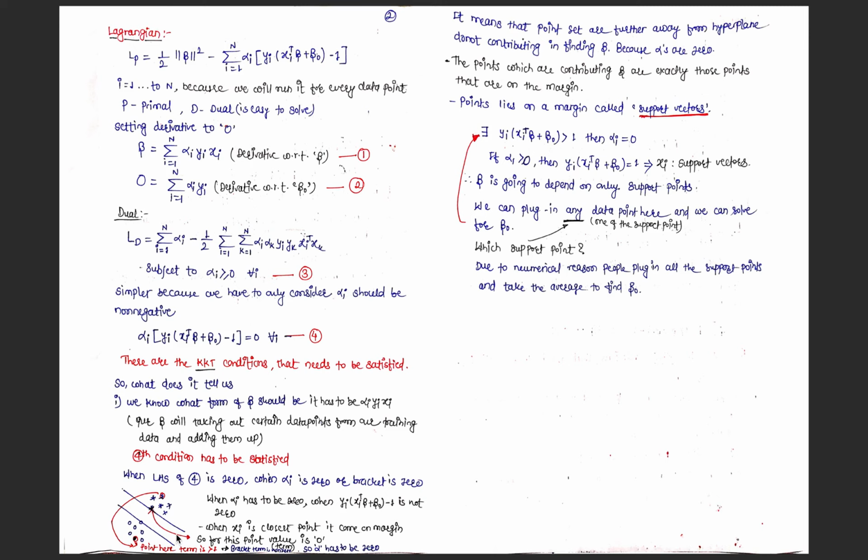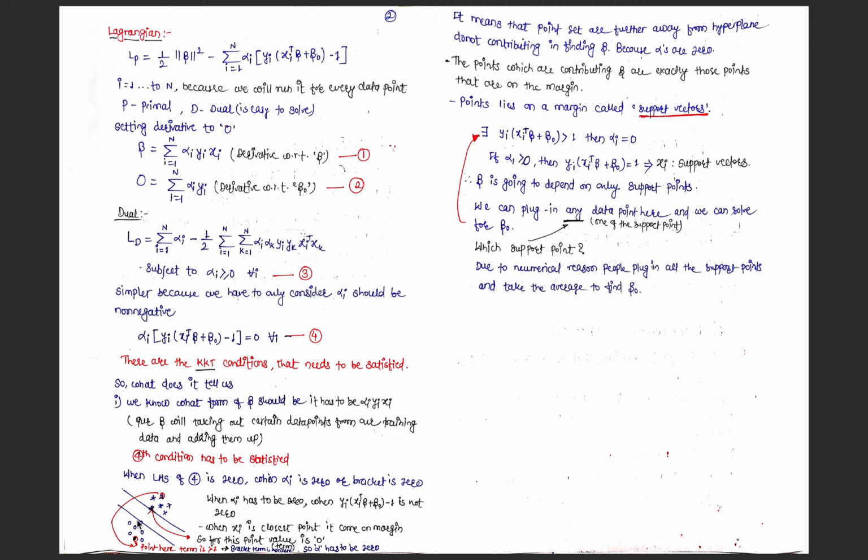For this point the value will not be 0 because we can consider it a support vector, as it is contributing in finding the margin. So whatever lies on this margin and this margin are support vectors.